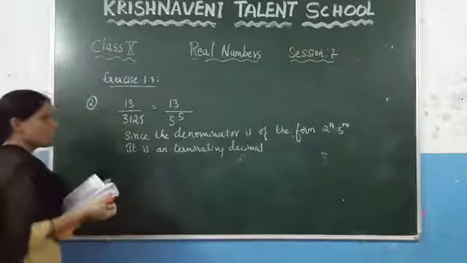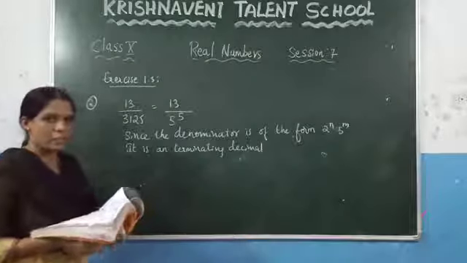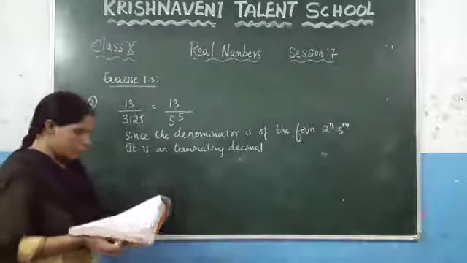Just you need to find the factorization of the denominator. If it is in the form of 2 power n and 5 power n, we can say that it is terminating. Otherwise, it is a non-terminating repeating decimal.